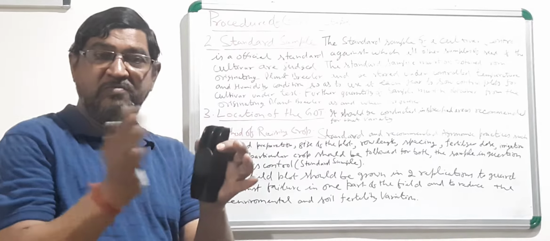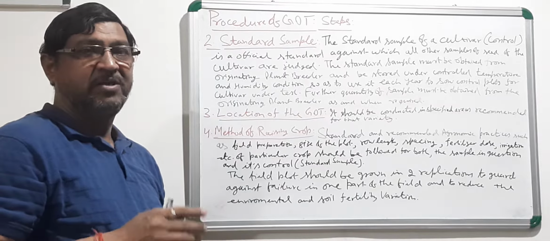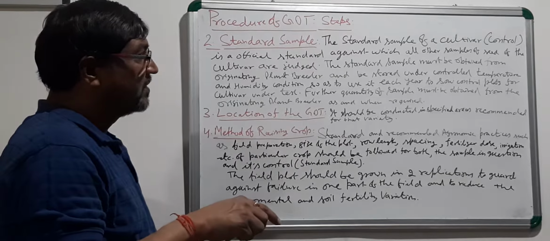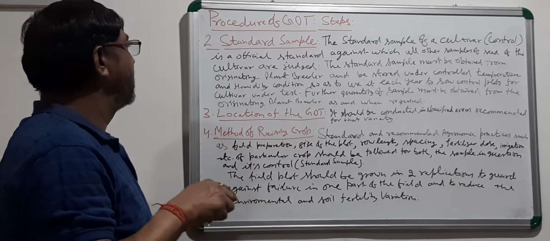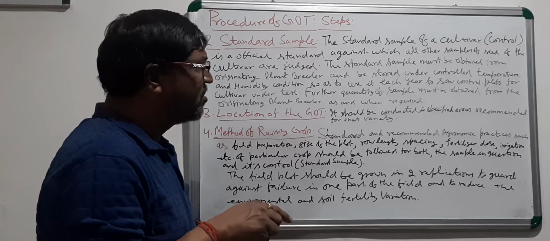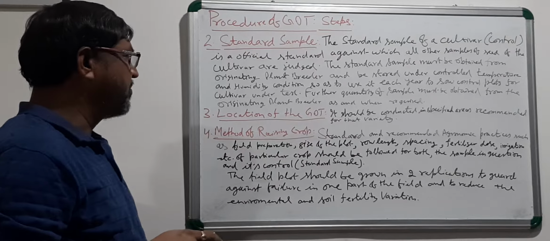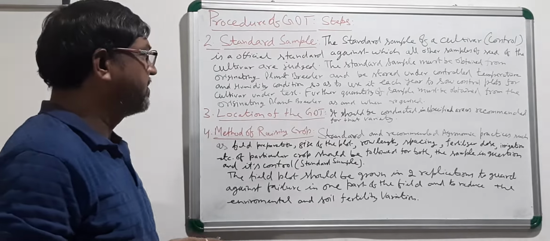This is the control on which you have to check the samples in question. Cultivar control is the official standard against which all other samples of seed of the cultivar are judged.